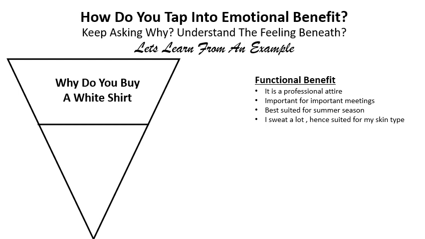white shirt. Maybe some people feel it is a professional attire. Some people may feel that it is important for very important meetings. Some people may feel that it is the best suited color for the summer season, because generally white does not absorb any color, right? So it's a good color for summer.